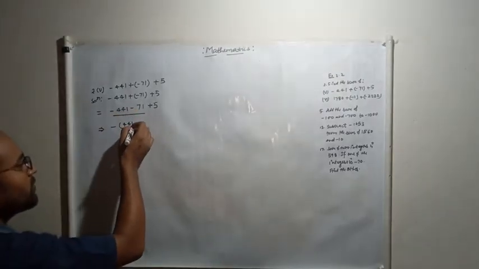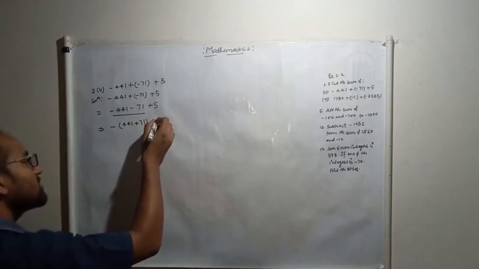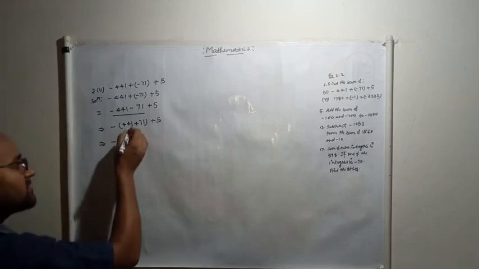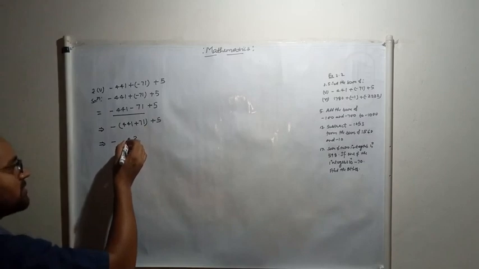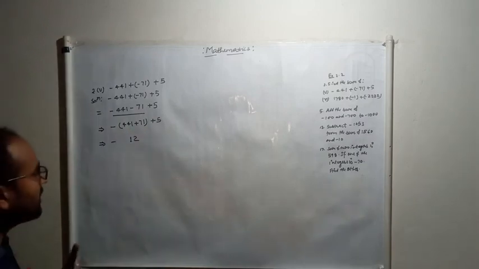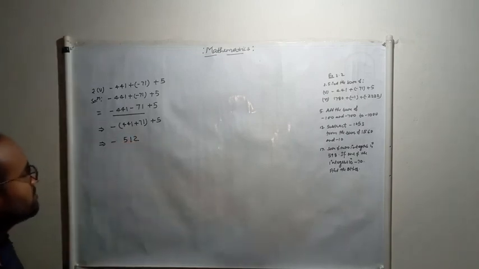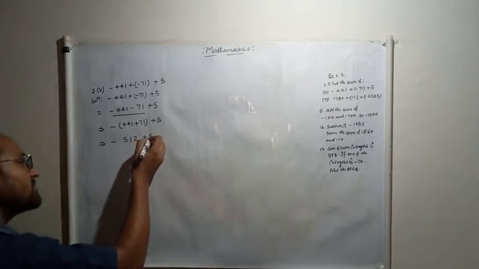So 441 plus 71, close this bracket, and plus 5 outside. Minus, add: 1 and 1 is 2, 7 plus 4 is 11, 1 carry, 4 plus 1 is 5. So minus 512 and plus 5.